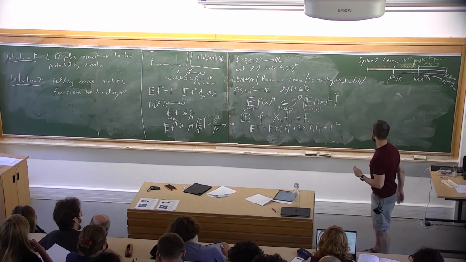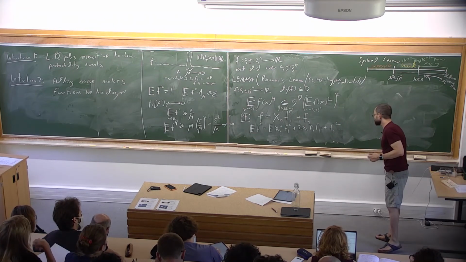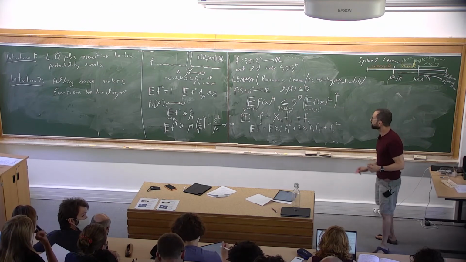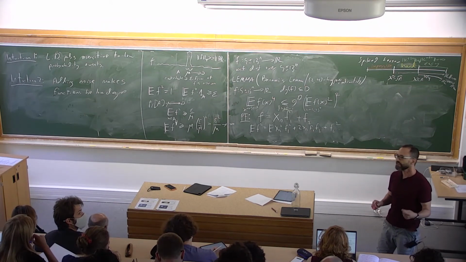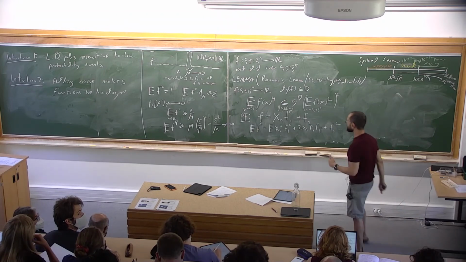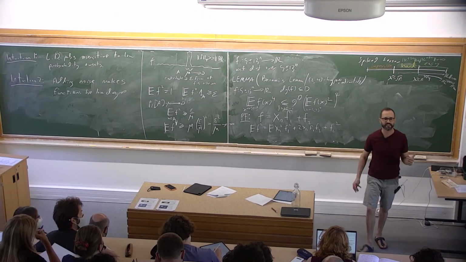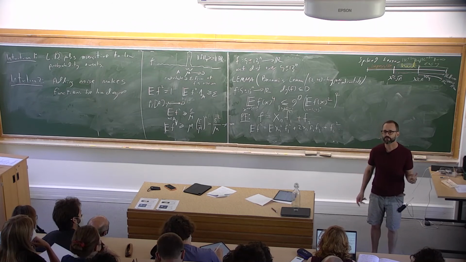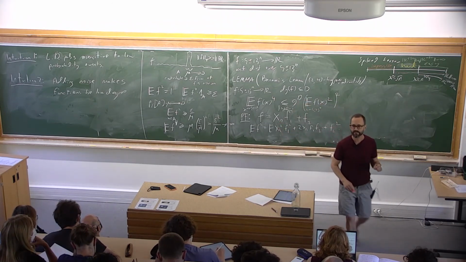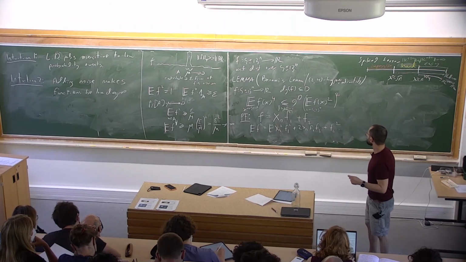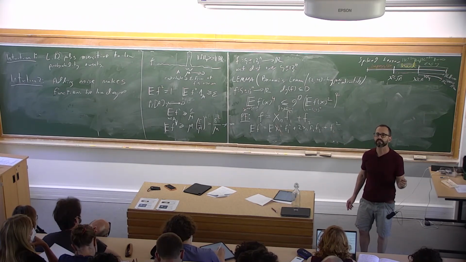Some facts are useful here. We have the uniform distribution over plus minus 1. What is xn squared? It's always 1, so we can erase that. And what is the expectation of xn? 0.